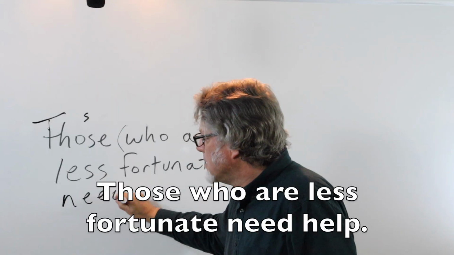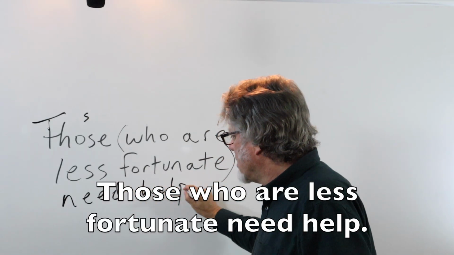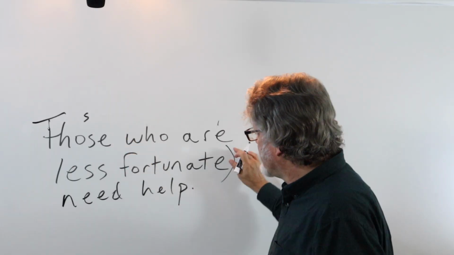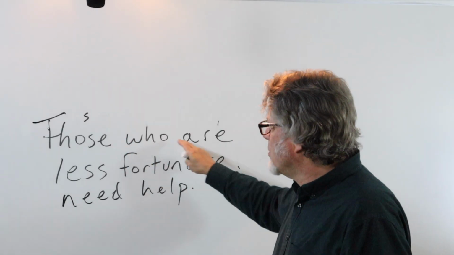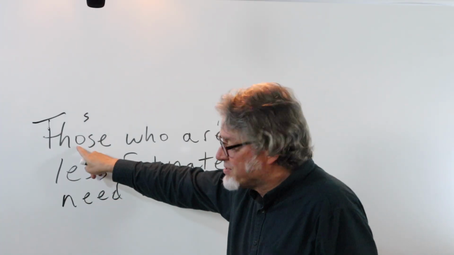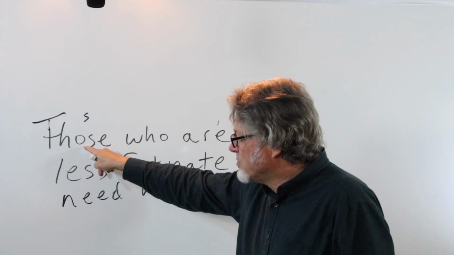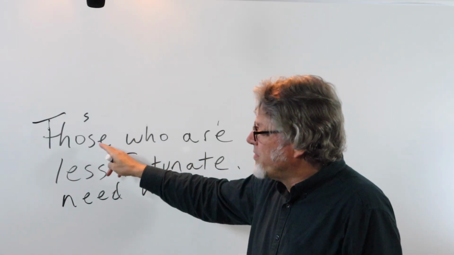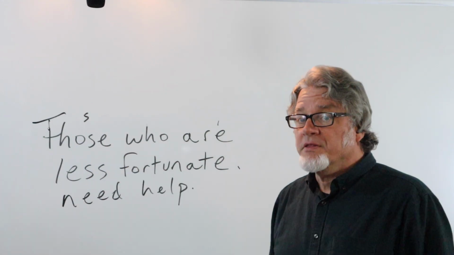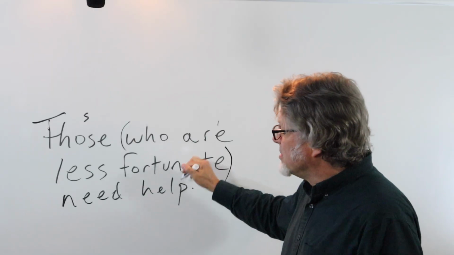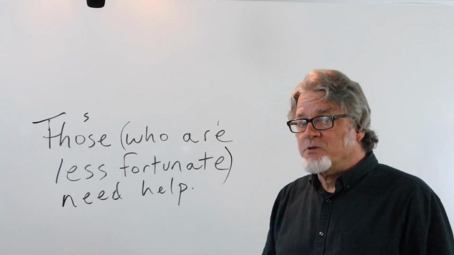Here's the adjective clause, who are less fortunate, and then this verb matches the subject. Those need help. But we don't know who those are. The adjective clause provides information for this subject.